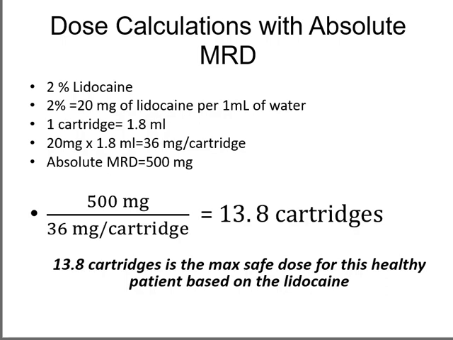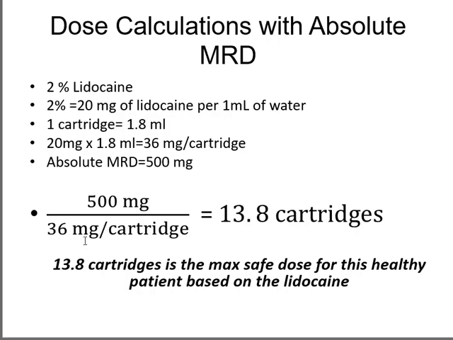So, dose calculations with an absolute MRD. 2% lidocaine, 2% is 20 milligrams of lidocaine per 1 milliliter of water, and the one cartridge we have here is 1.8 milliliters. So that brings us here to the 36 milligrams per cartridge. The absolute MRD, maximum recommended dosage of lidocaine, is 500 milligrams. So the 500 milligrams is in the numerator, and the 36 milligrams per cartridge is in the denominator.